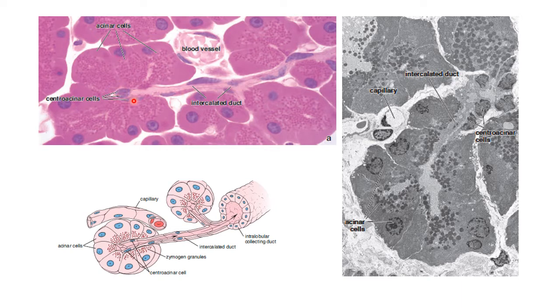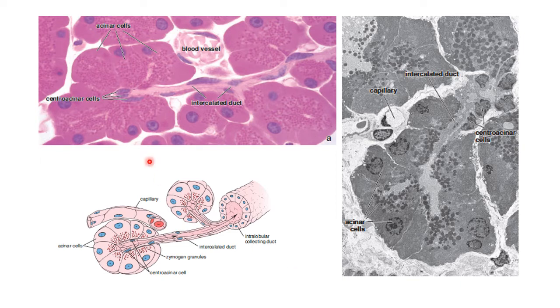The initial cell of these ducts within the acinus is called the centroacinar cell. These are small, pale staining cells with small nuclei, and they represent the first cell of the intercalated duct that is within the acini.